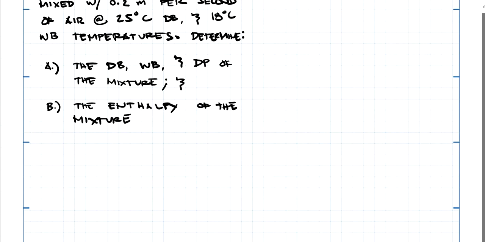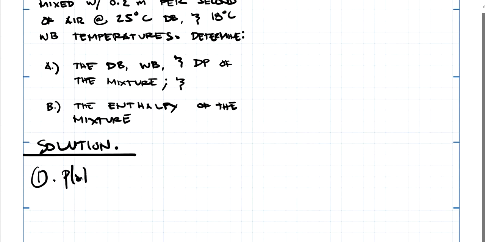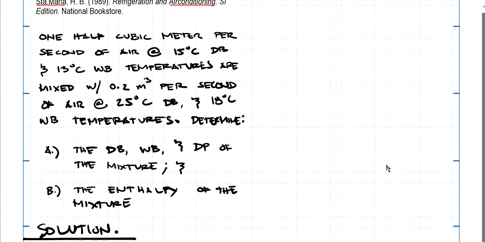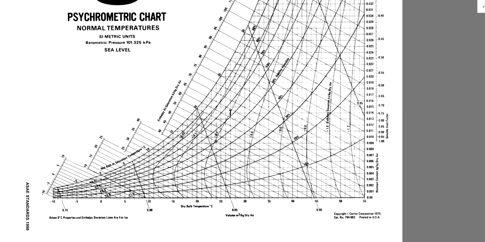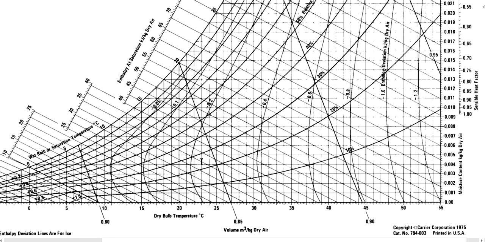So the first step again is to plot and obtain the necessary data. To plot this, we have 15 degrees C dry bulb and 13 degrees C wet bulb.